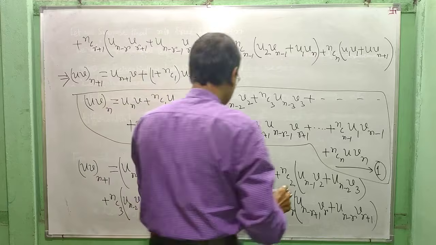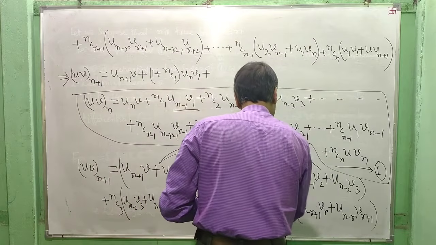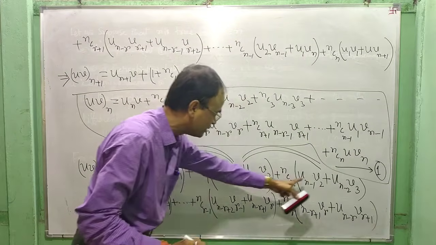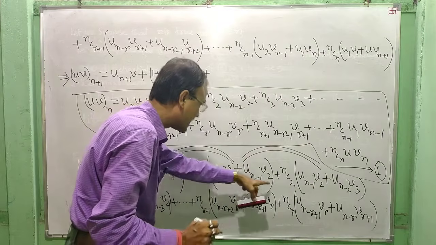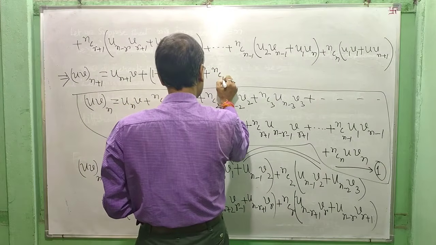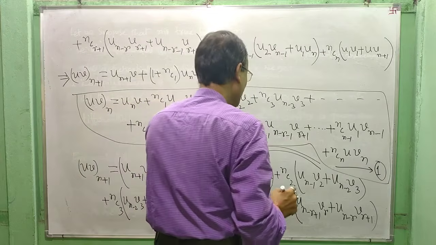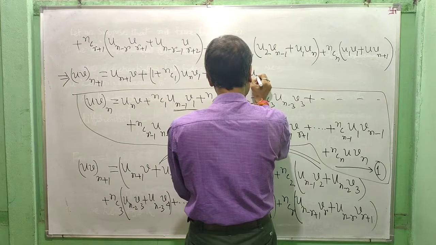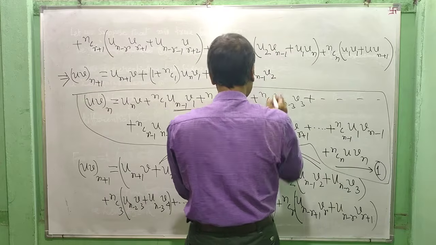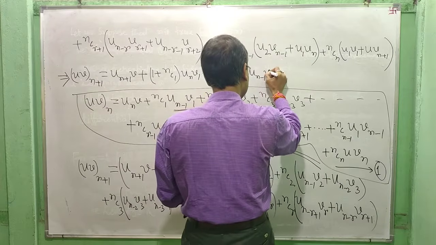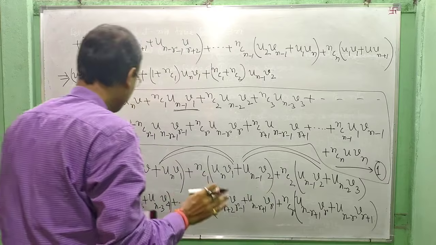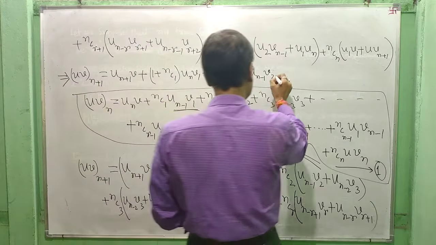Plus join these two terms: u^(n-1) v2, (nC1 plus nC2) u^(n-1) v2.